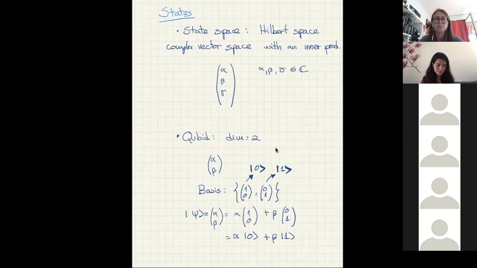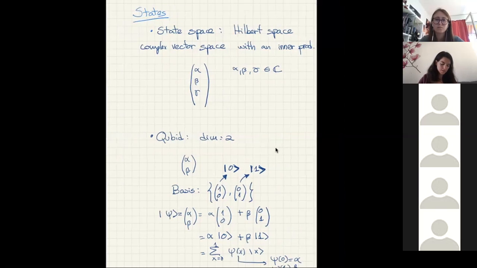We could also write this as the sum over X from 0 to 1 of psi of X, ket X, where we just have that psi of 0 is alpha and psi of 1 is beta. Yeah, so it's exactly the same idea.